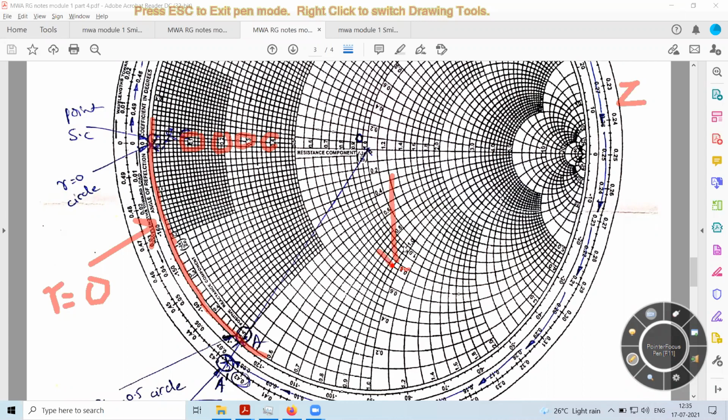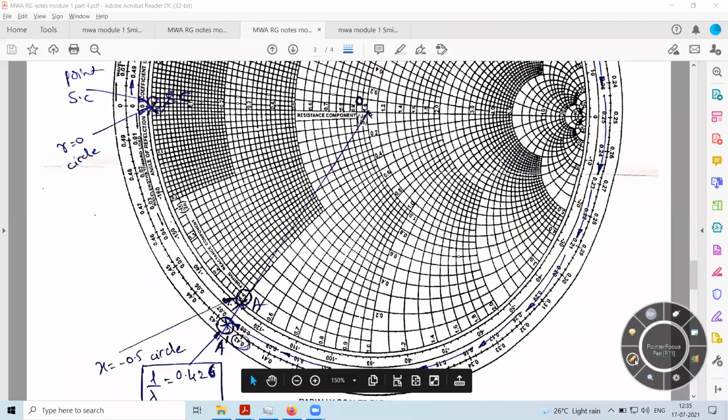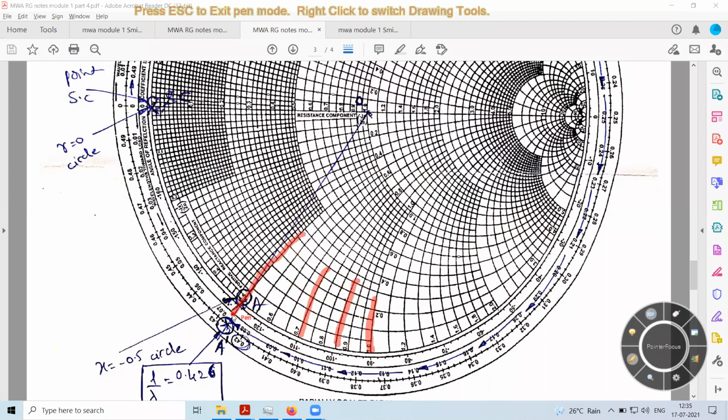Therefore, capacitive values will be in the lower half part and inductive values in the upper half part. Here we need to consider the capacitive, so it is the lower half part we will be looking into. We need to identify where the reactance value equals minus 0.5. Here this is 1.0, this is 0.9, 0.7, and so on. When I continue, we can see that this line is associated with the reactive component of minus 0.5.